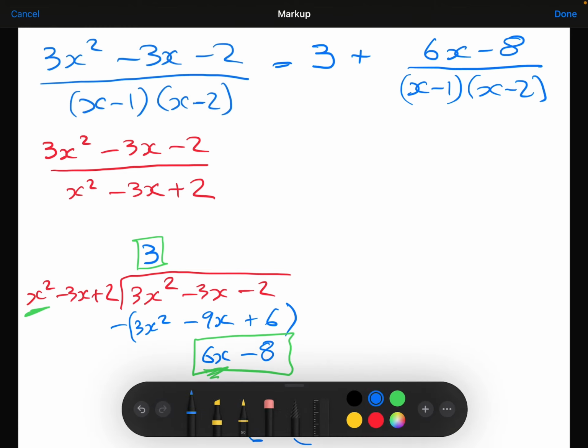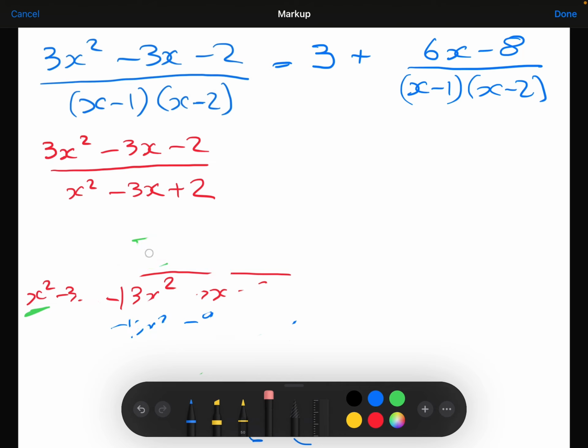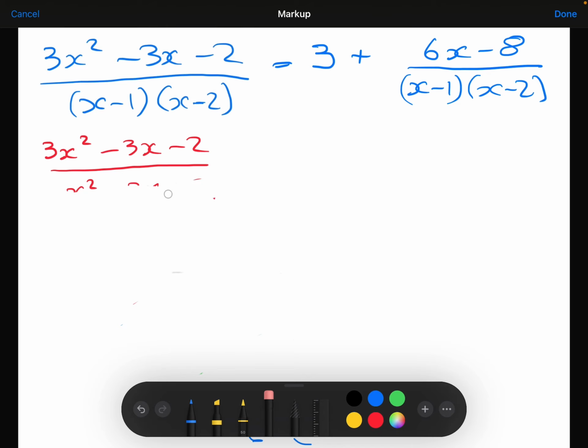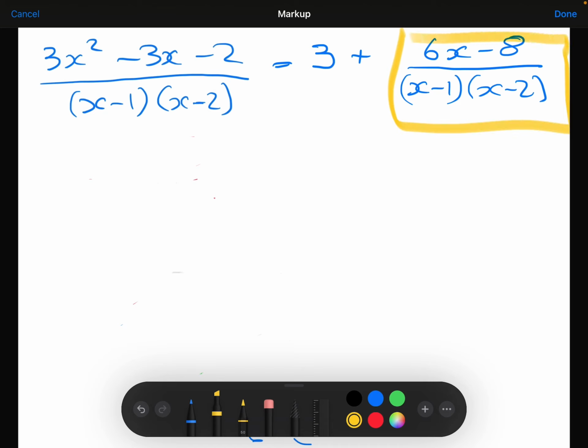Okay, right, let me just clear this so I've got some more space. It's at this stage where we're going to split up the 6x minus 8 over x minus 1, x minus 2. This is what we need to split up into our partial fractions. I'm going to ignore the 3 at the front here completely for now.